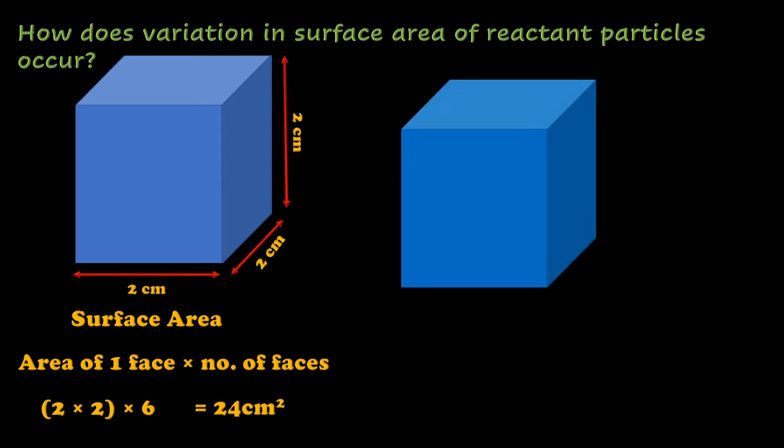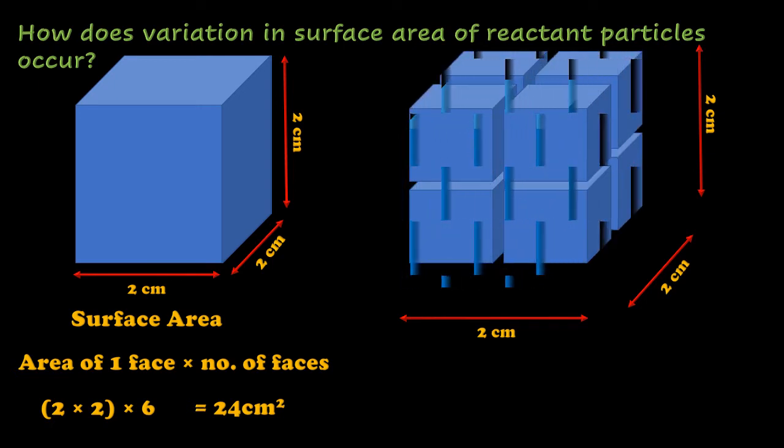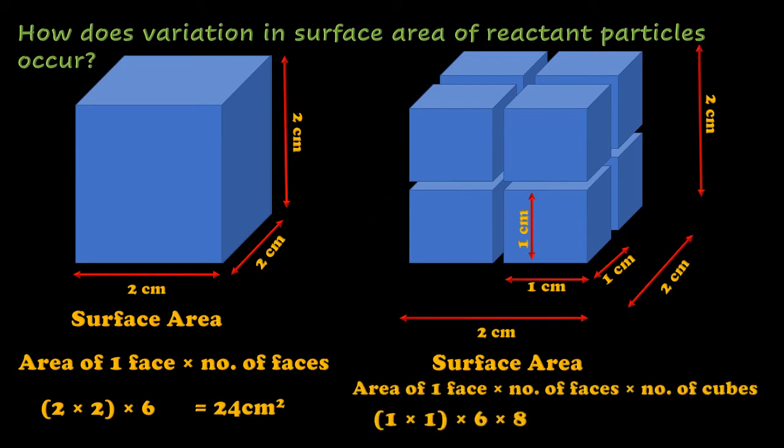But if we were to cut up the same particle with its same dimensions, then this time the surface area of the resultant exploded particle becomes large. In this way, we had said that by grinding or cutting up a particle, we increase its surface area.